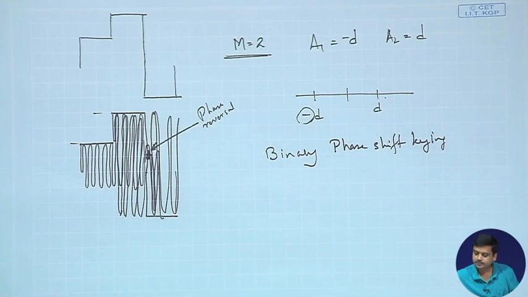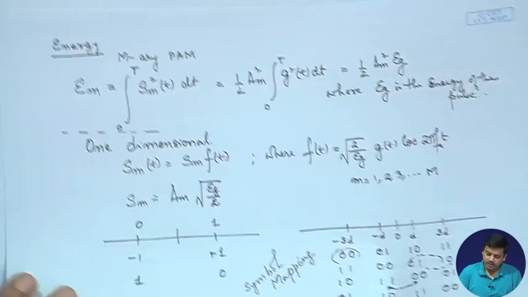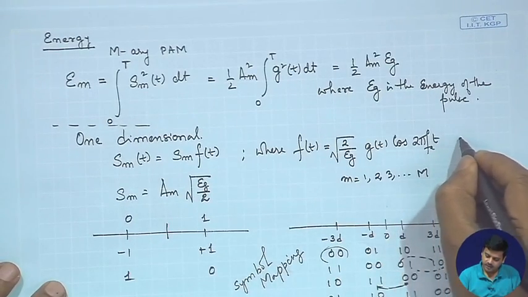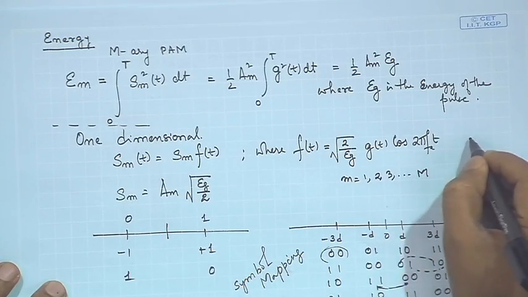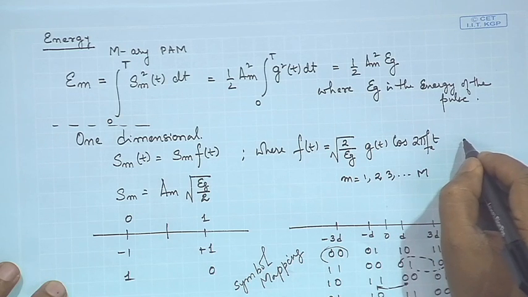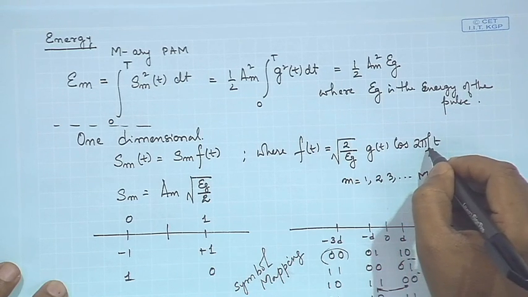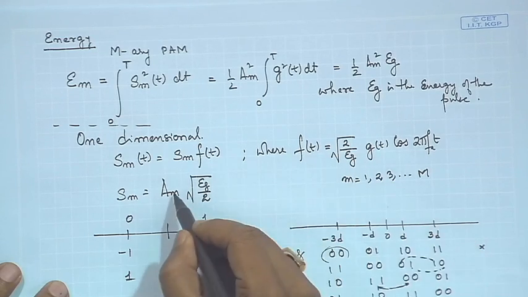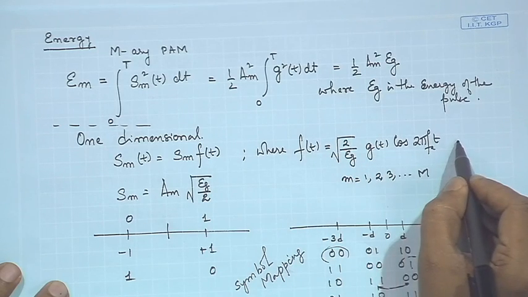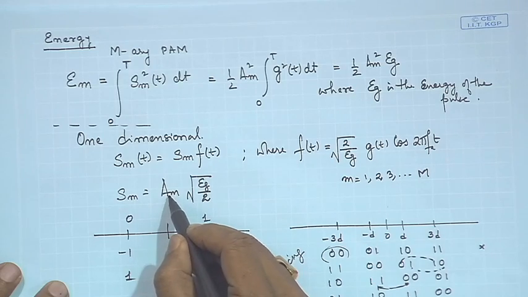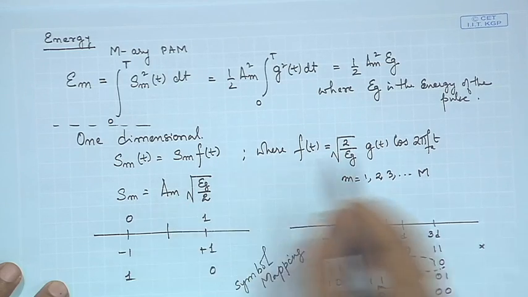So, in other words, you could also look at this particular signal, and you could say that there is a 2 pi Fc t plus theta, and theta is 0 at one point and theta is pi at another point, and if it is so, that means Fc would be 0, but you are going to get Am g(t) cos of theta, and Am is constant in that case, which is d, only theta changes.